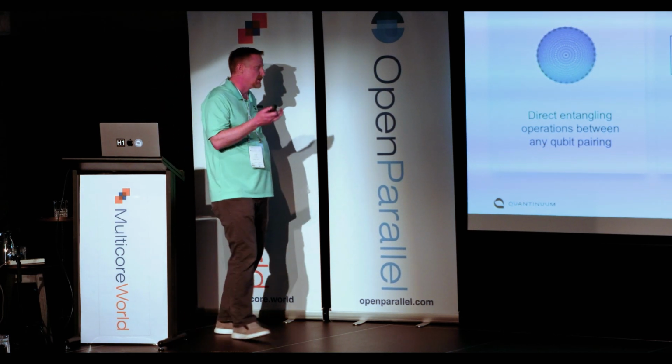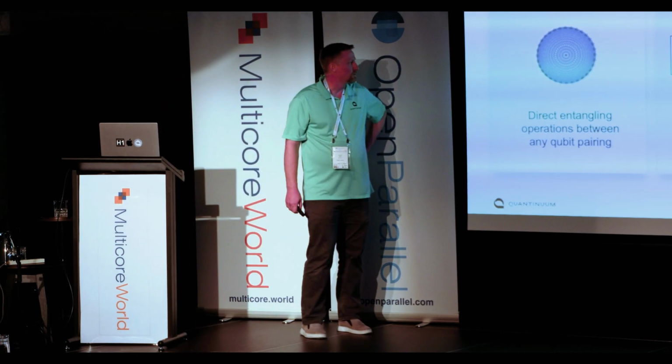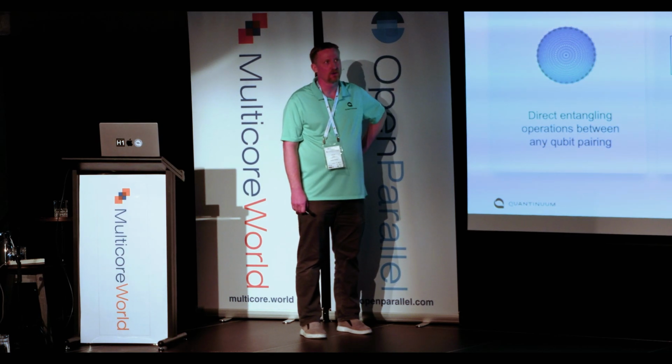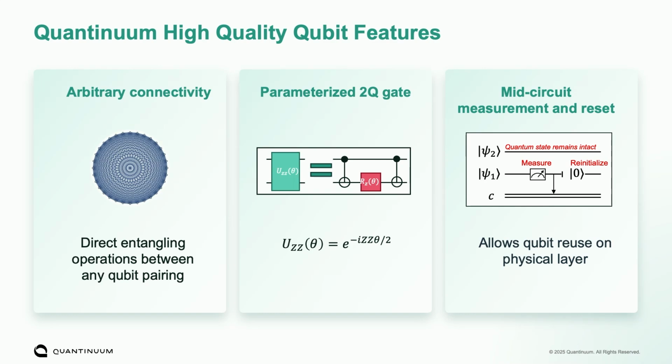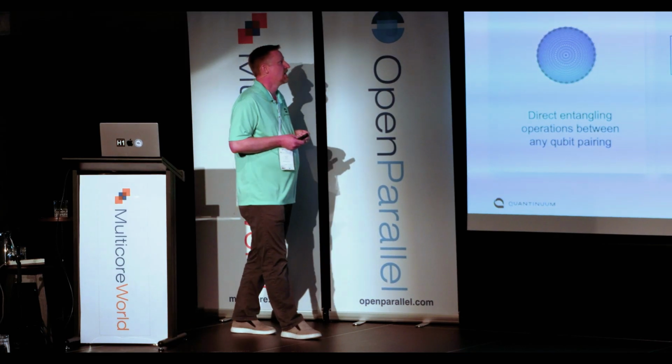So I talked about the qubit quality, right, as being what really drives what you can do with current quantum computers. And this reminds me of the graphs we saw this morning from Laura, but this one's just a simple 32 qubits. The circles denote the qubits, and every qubit is connected to every other qubit. In our case, it's not wires that are connecting them, it's ion transport operations.